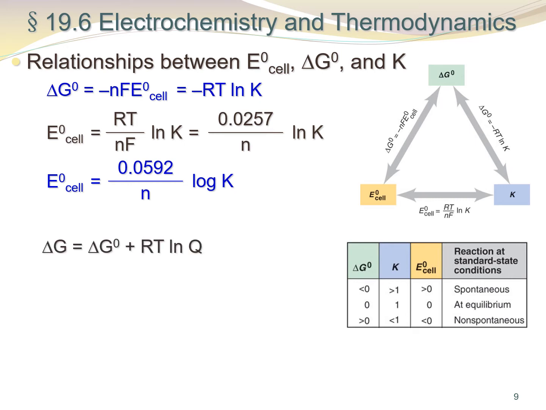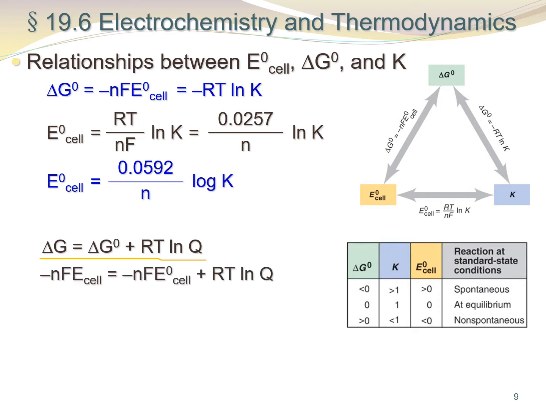And remember this equation. This is the equation I called the most powerful equation in chapter 18, and we're still going to use it by plugging in delta E cell for delta G, E0 cell for delta G0.